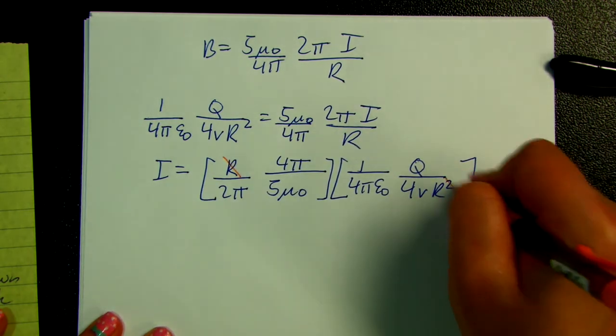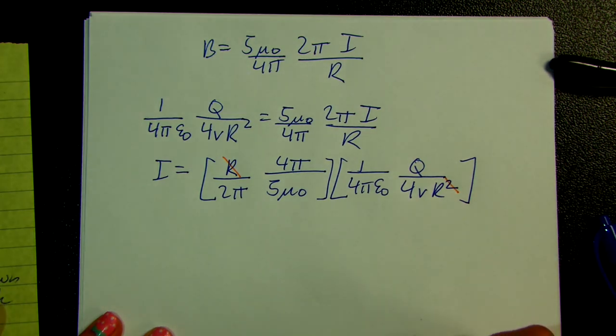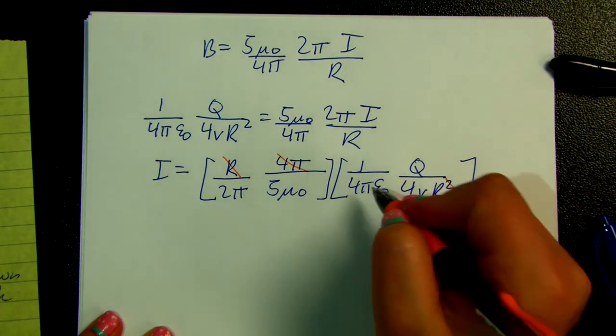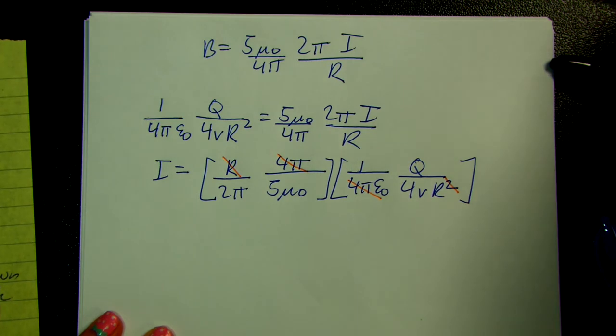This cancels that squared. We have a 4 pi here and a 4 pi there.